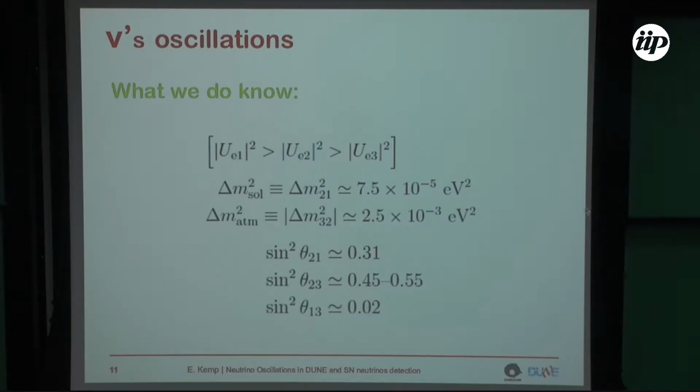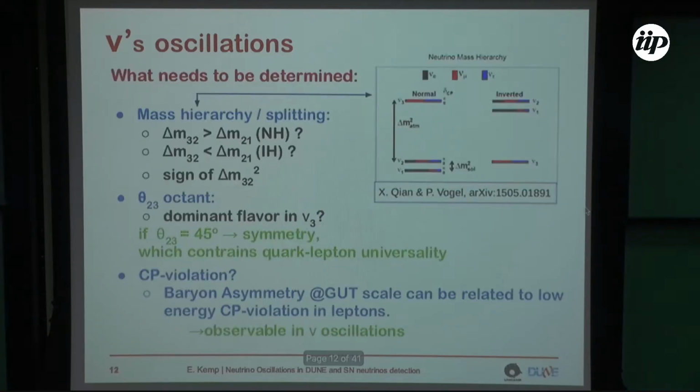One of the missions is to make precise measurements of these parameters, doing simultaneous fits between neutrinos and antineutrinos results, where it's possible to get more precise values of the mixing angles.